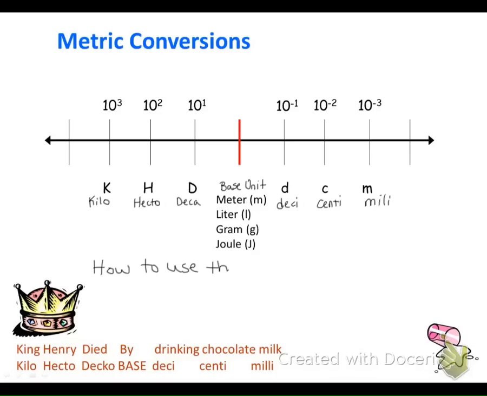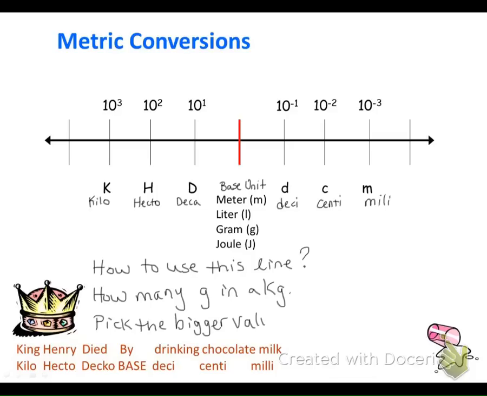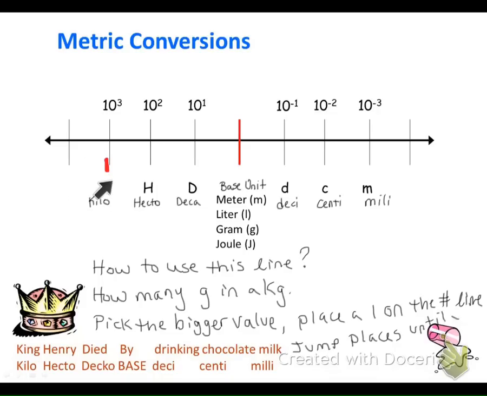So how do I use this number line to help me with our conversion units? Let's say for example, I want to figure out how many grams are in kilograms. The first thing I want to do is figure out what's bigger, grams or kilograms. And I know, in this case, that kilograms are bigger, so I'm going to place a 1 on the number line. And then I'm going to jump over to where the gram is.